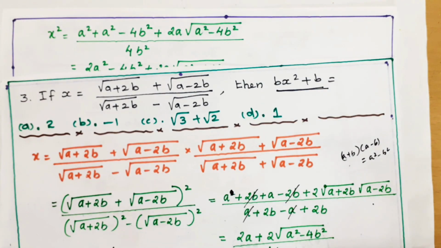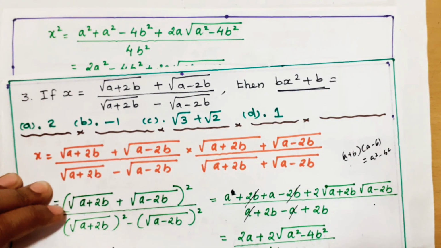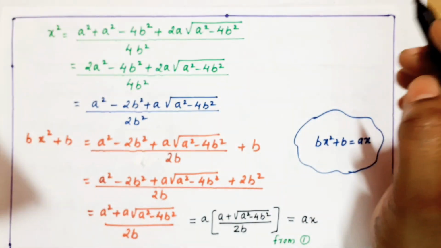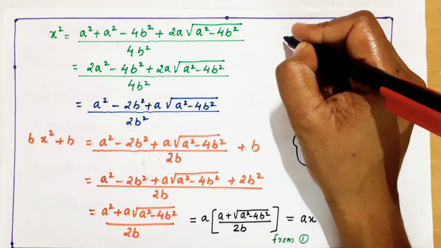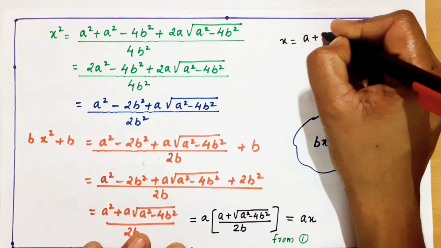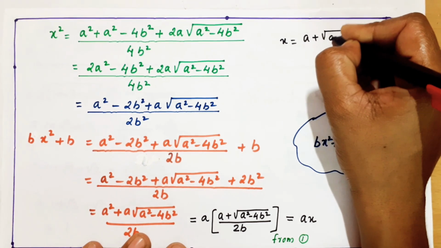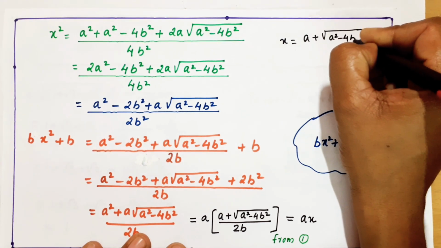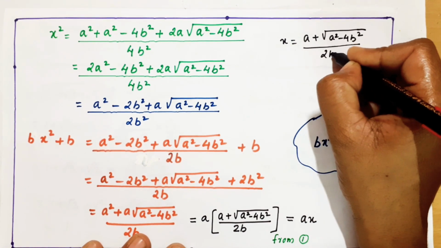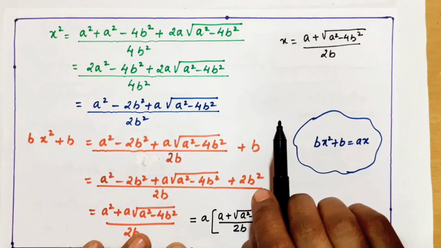So I am squaring the x. What is the term there? I am repeating, the term there is x equals a plus root over a square minus 4b square by 2b. This is your x. I need to square the term.